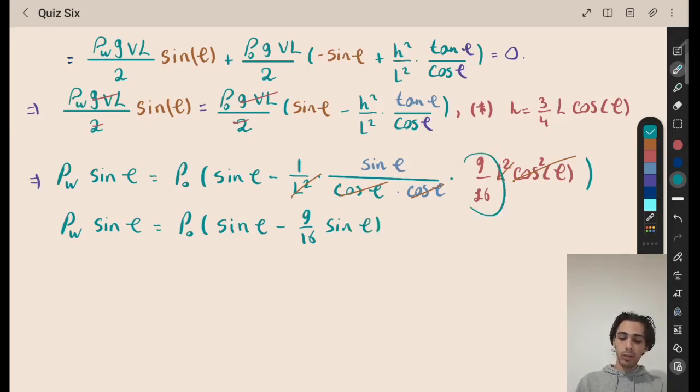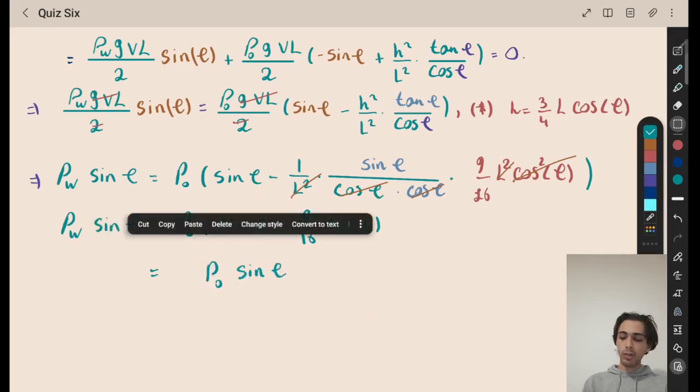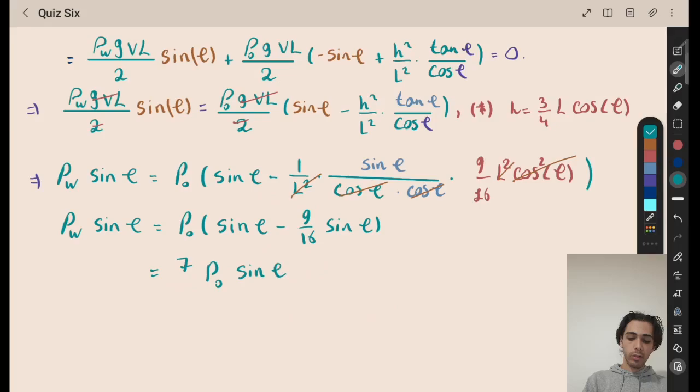Notice that these are the only two terms that are left, so that's why we have this statement. And of course, this is just sine phi, but this has a coefficient of 1, this has a coefficient of minus 9 over 16, so the result really is 7 over 16.